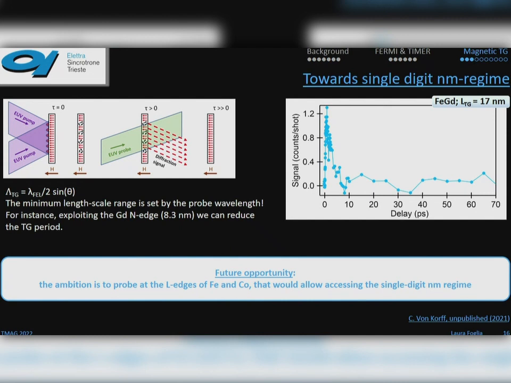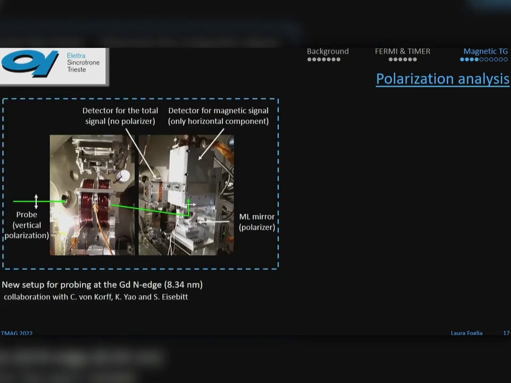Then we also want to see if we are capable of distinguishing the two kinds of signals. So we also installed a polarization-sensitive system. We have another multi-layer mirror that reflects only horizontally polarized light, while our probe is vertically polarized.